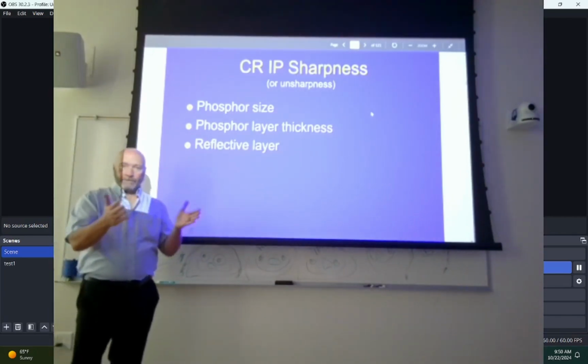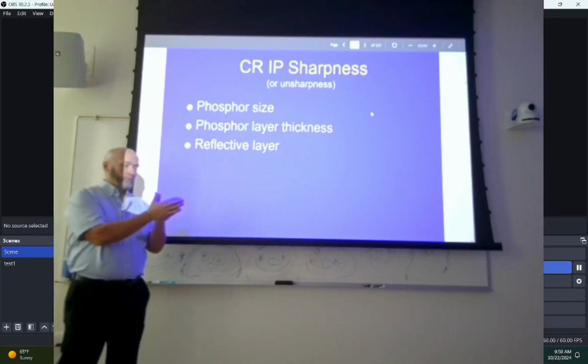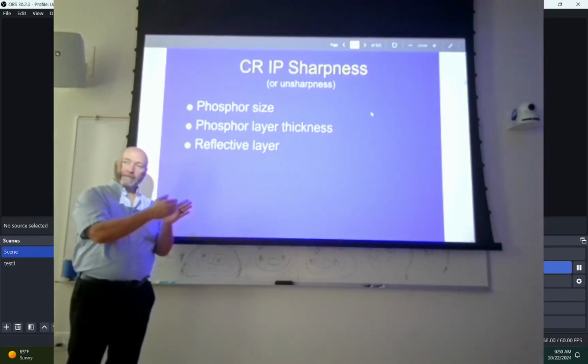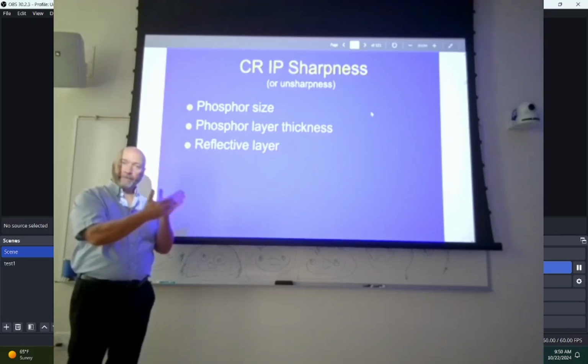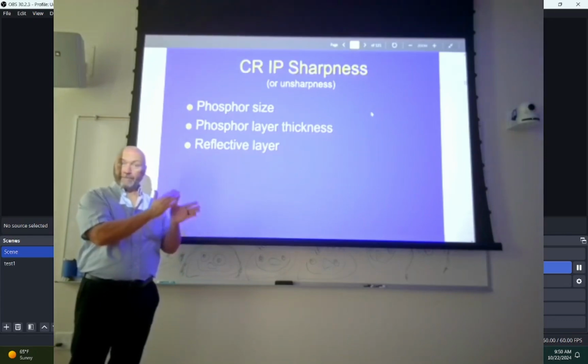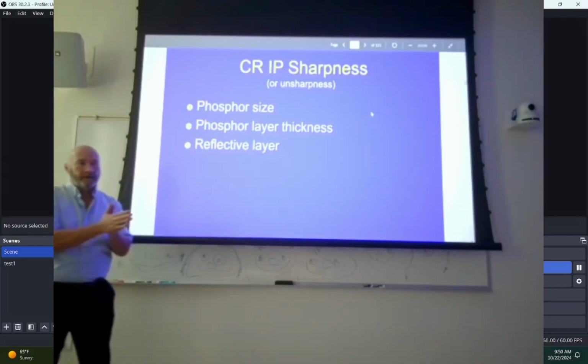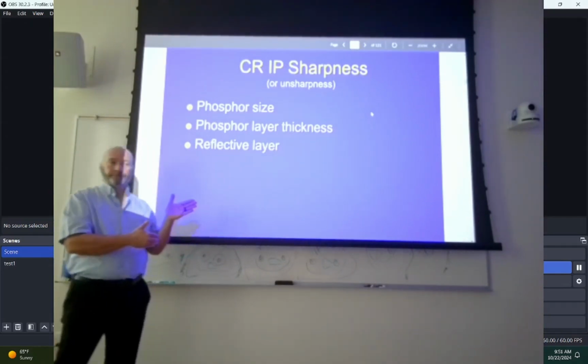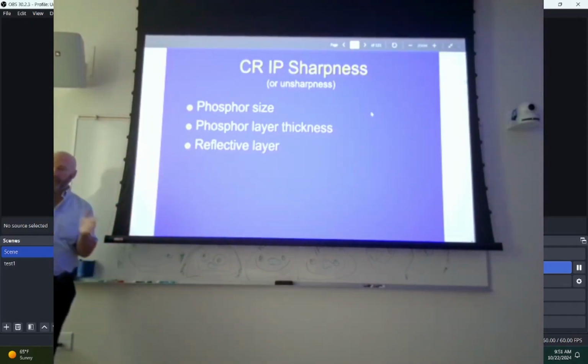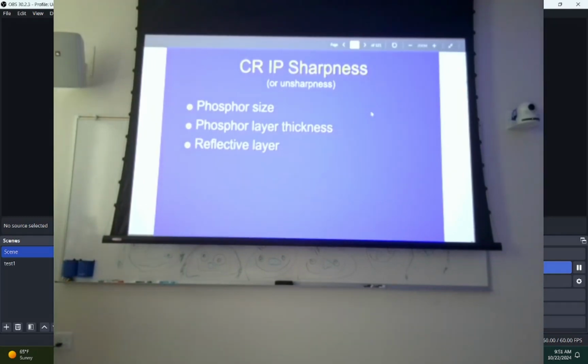So knowing what you know about light, if we're releasing light from deeper inside and we're trying to measure that, then it's going to be a little bit fuzzier and we're going to have a little bit of overlap between those phosphors that are deep and some other ones that are shallow. So what that means is the thinner the phosphor layer, the sharper the image. The thicker the phosphor layer, the fuzzier the image is going to be.